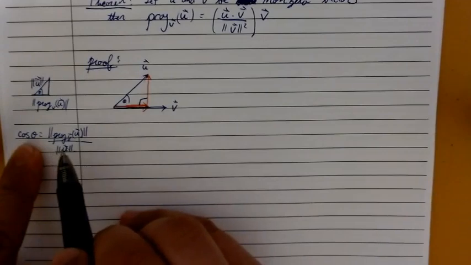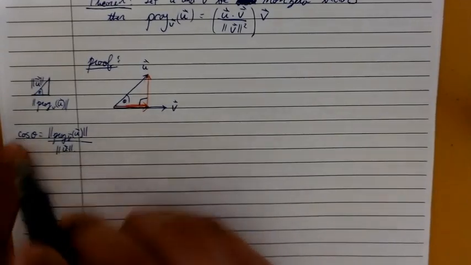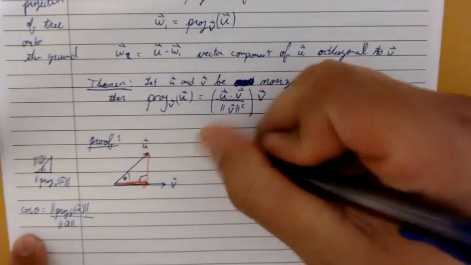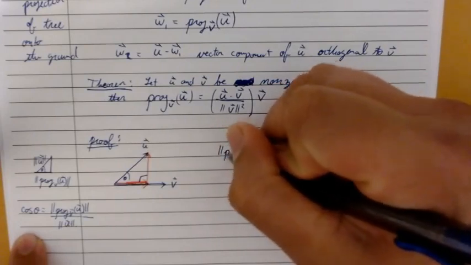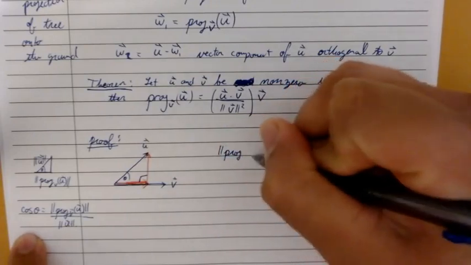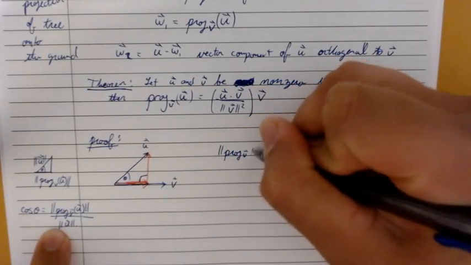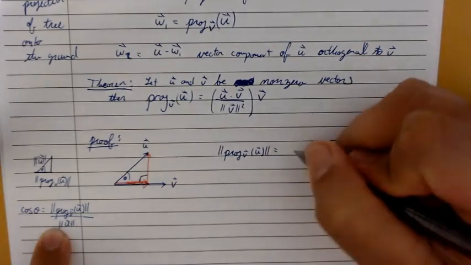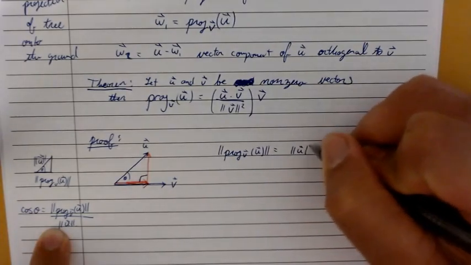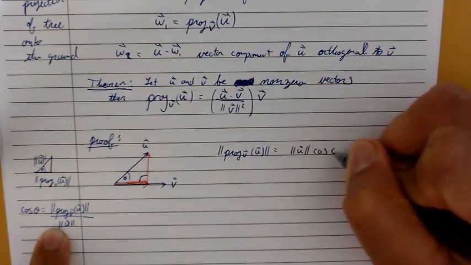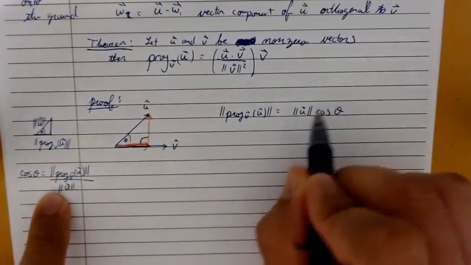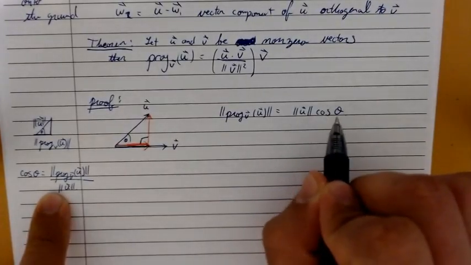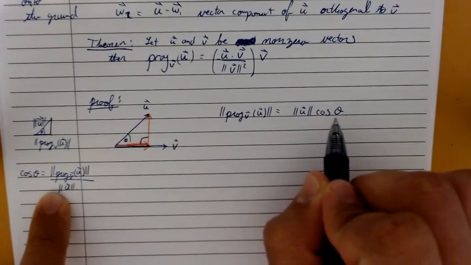So right here, I could just go ahead and multiply this over to the other side, and I could get that the magnitude of the projection of u onto v is equal to the magnitude of u times the cosine of the angle theta.